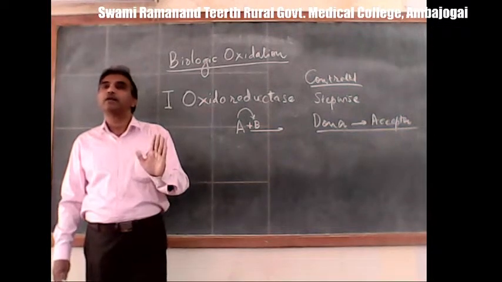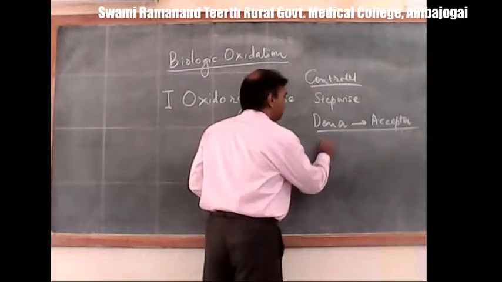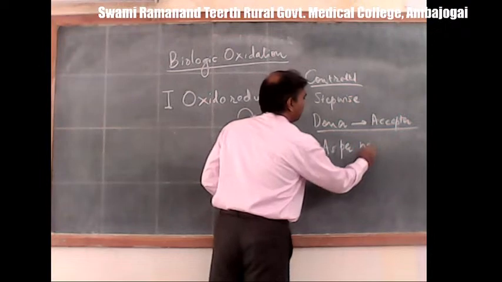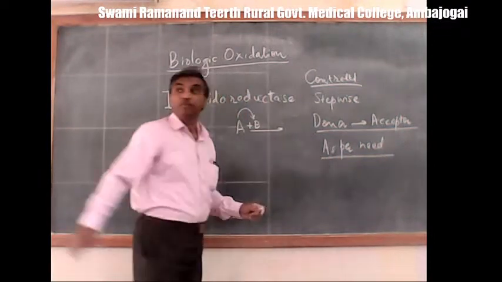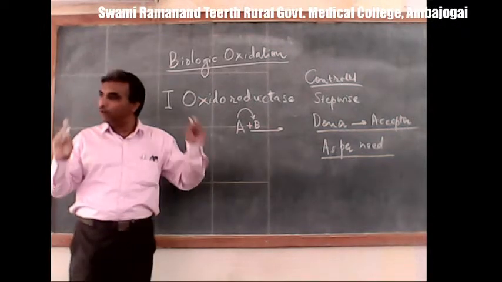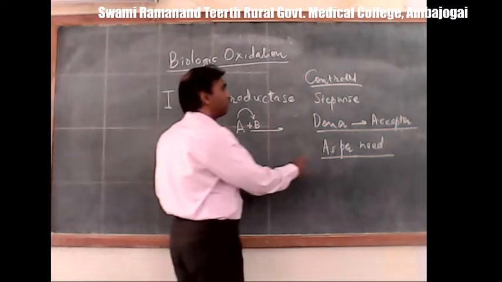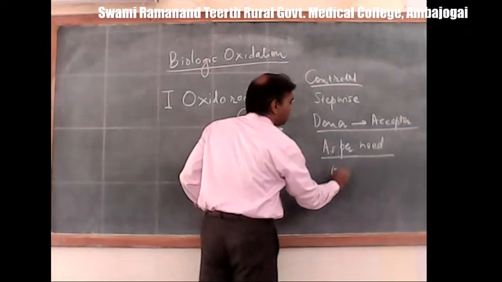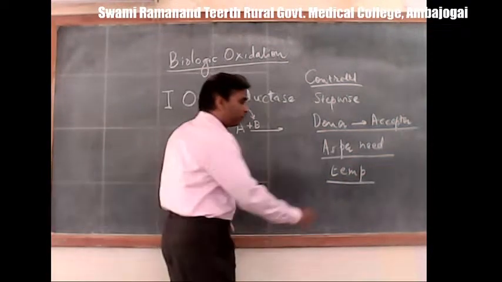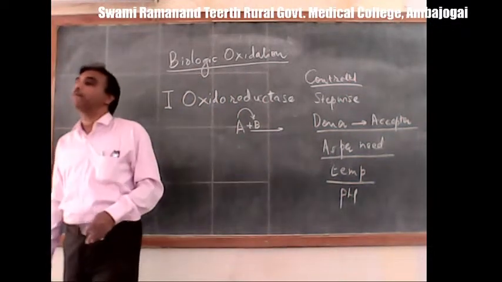It is not like combustion. It is as per need. Whenever it is needed, then and only then oxidation goes on, and this occurs at body temperature, around 37 degrees centigrade, and internal body pH is around 7.